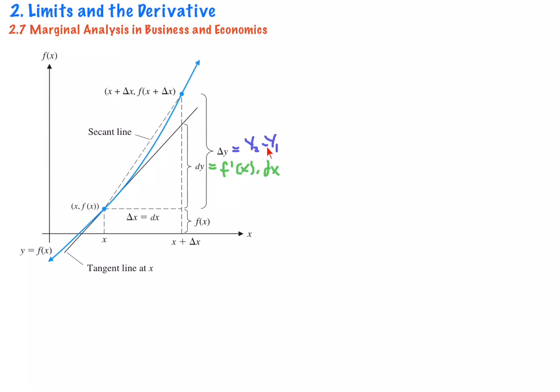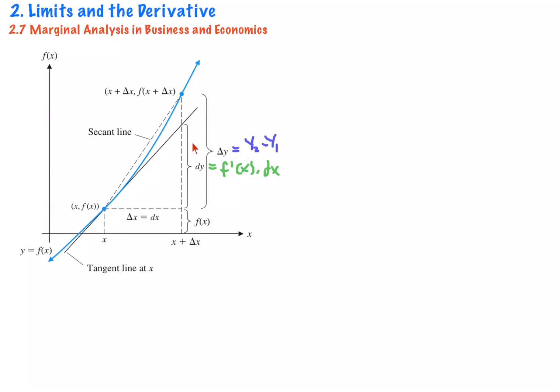That's how we get y2 minus y1, and we get the value of the increment. It's also related to the exact or actual difference, while dy, on the other hand, will be the approximation, and it is obtained from the tangent line over here.